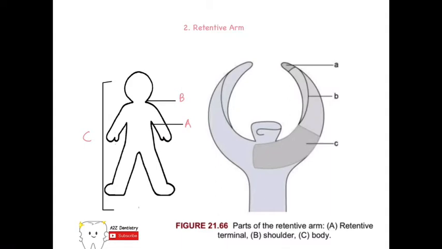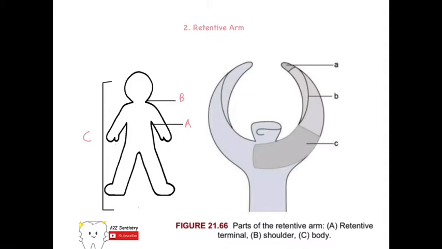Then it also has a retentive terminal. That is the most distal part of our retentive arm. The most important thing to note here is that this retentive terminal is flexible, and this is the only flexible component of our retentive arm. Why must it be flexible? Because we need some movement there. If it were altogether rigid, how would it be able to withstand the masticatory forces?